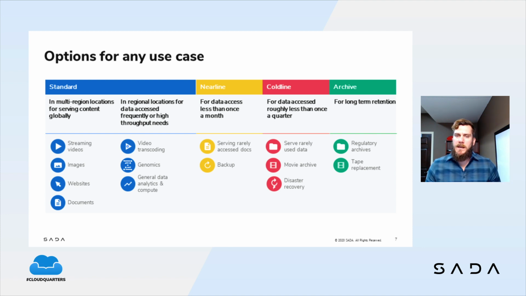This could be things like backups. The flavor we would use is Nearline storage. Then as we move further into the depth here, Coldline. These are things accessed less than once a quarter, something like a movie archive or servers that rarely have data accessed. And then even longer term, we're talking Archive. This is really targeted at tape replacement.